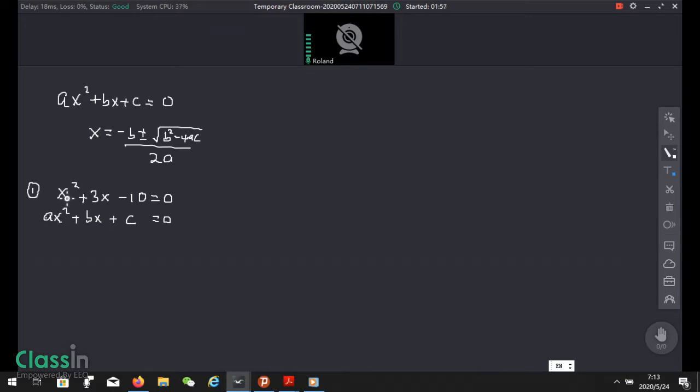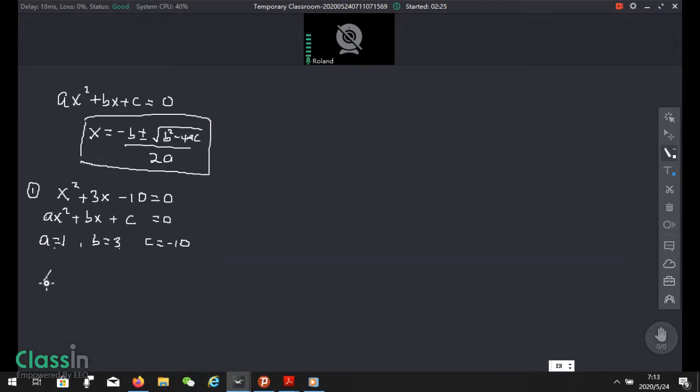The coefficient of x squared here is 1, so a is 1. The coefficient of x is b. The coefficient of x in our question is 3, so b is 3. C is the constant term, which is negative 10. So we can substitute a, b, c in the general solution of the quadratic equation.